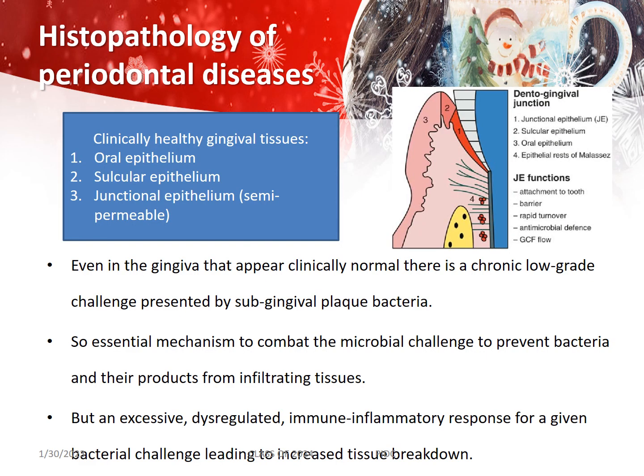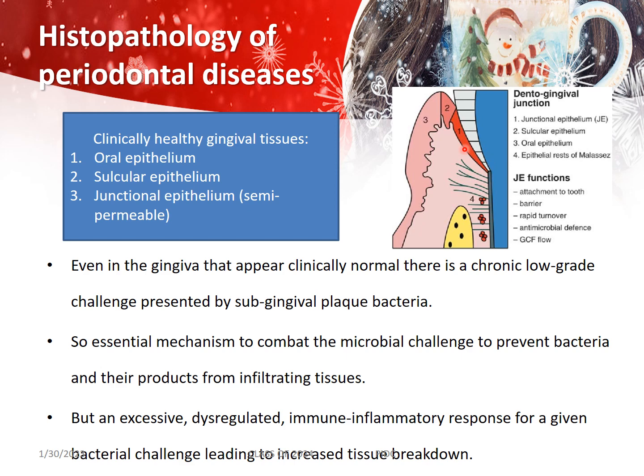Next, coming on to the histopathology of periodontal disease. Before going into the disease part, I will briefly go over the clinically healthy gingival tissues. You know that clinically healthy gingival tissues consist of an oral epithelium, a sulcular epithelium and the junctional epithelium. This junctional epithelium is very important because it forms an important attachment to the tooth, and it acts as a barrier against plaque microorganisms entering inside.